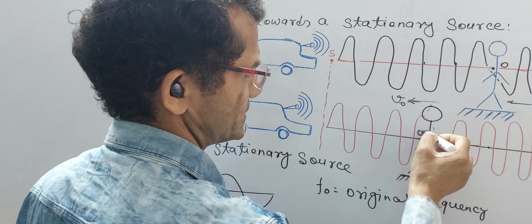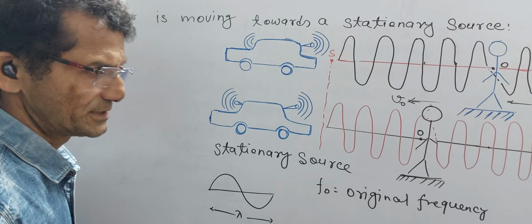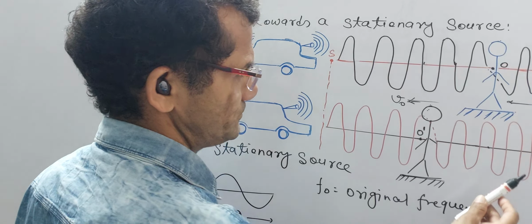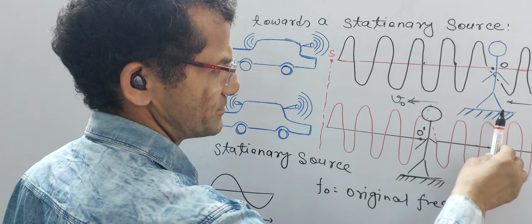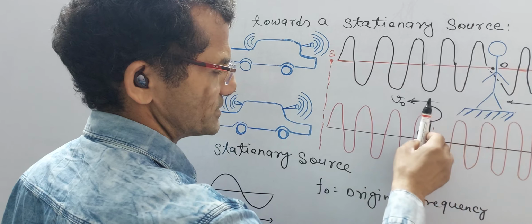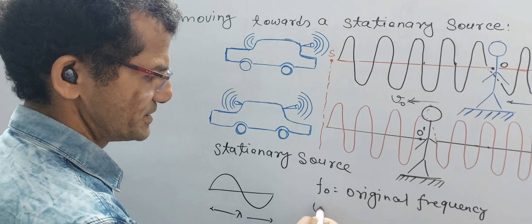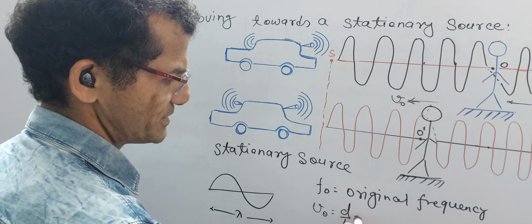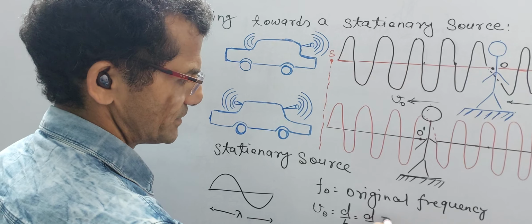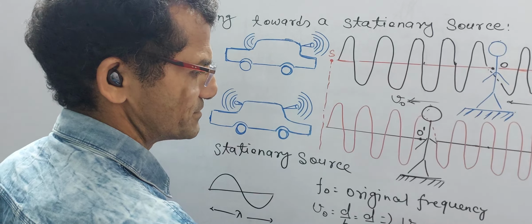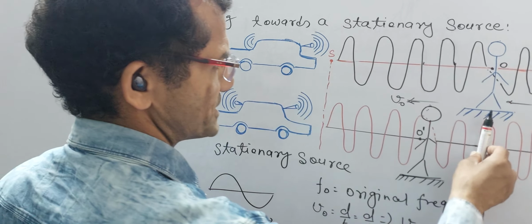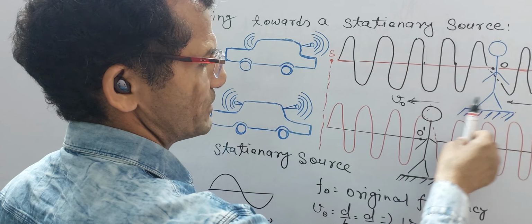This is the new position of the observer after 1 second. We know that velocity is equal to distance divided by time. If our time is 1 second, the distance traveled by the observer in 1 second is equal to v0.